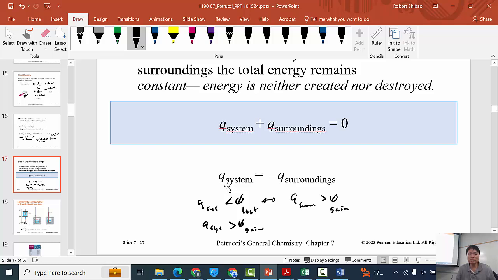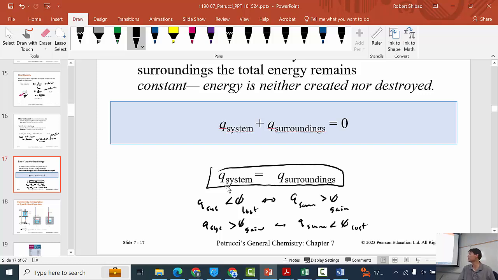But where did it gain it from? It must have taken it from the surroundings. Therefore, the surroundings must have a negative Q. It must have lost. And the quantity of heat is the same. And so if the system gains 10, the surroundings must have lost 10. It's zero sum. There's no win-win. It's got to be win-loss only.